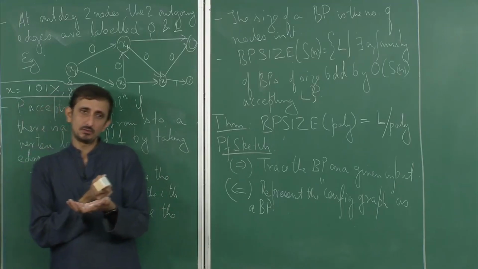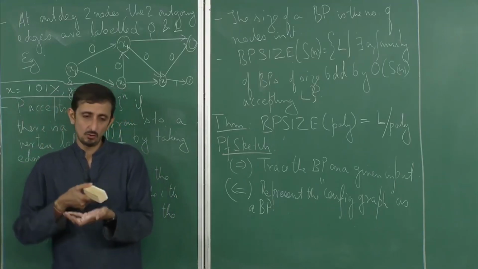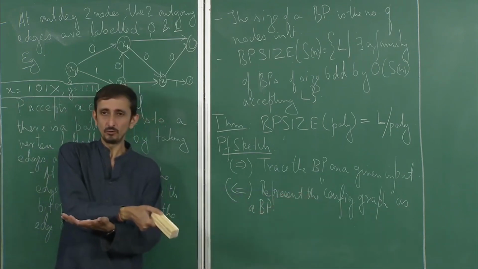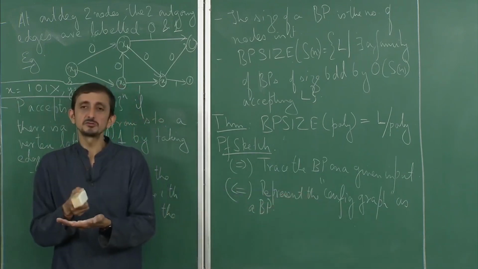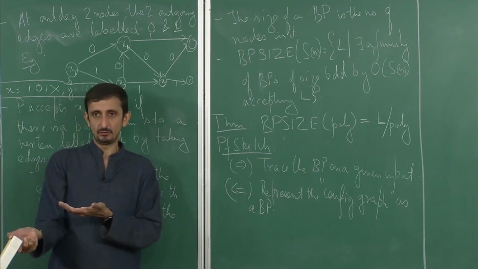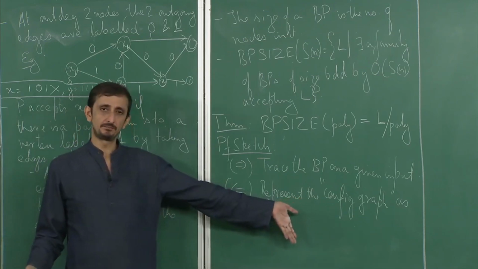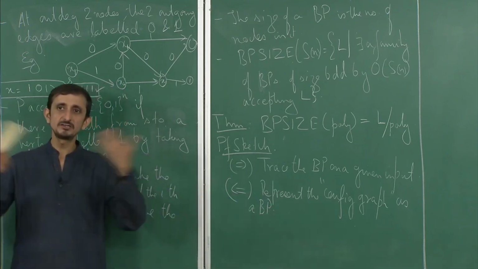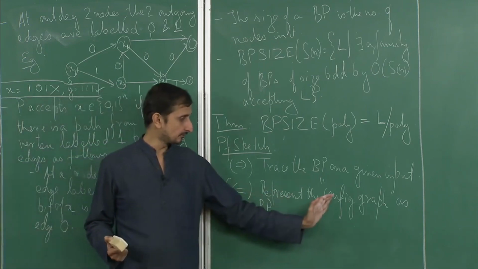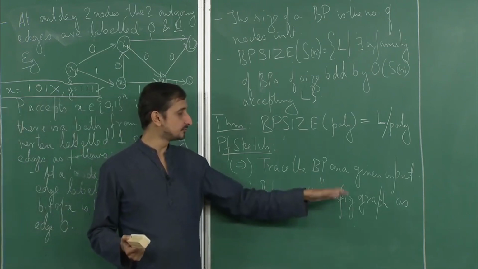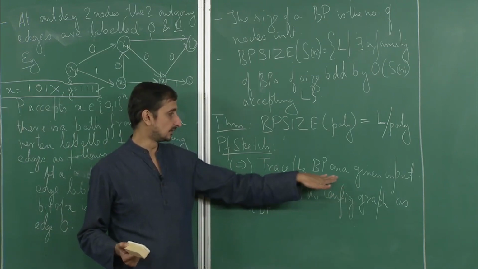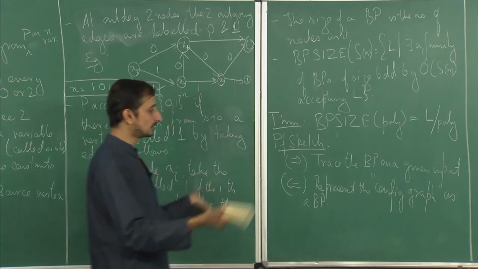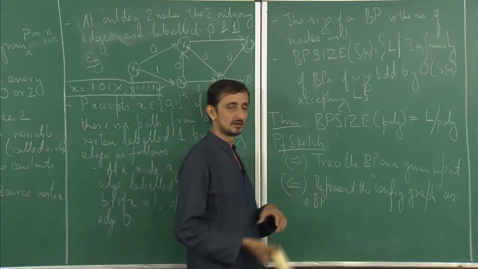If that input bit was 0, which node of the configuration graph you go to, and if that bit was 1, which node of the configuration graph you go to, and that is exactly the design of the branching program. Now, the size of the branching program will be at most exponential in the space used by the workspace of the log space machine, which is polynomial, or the size of the configuration graph, the total number of nodes in the configuration graph.